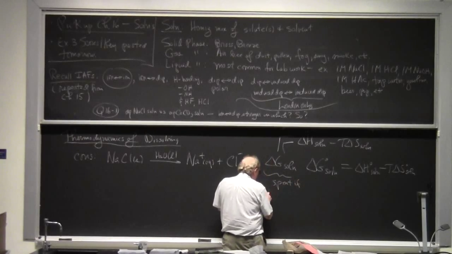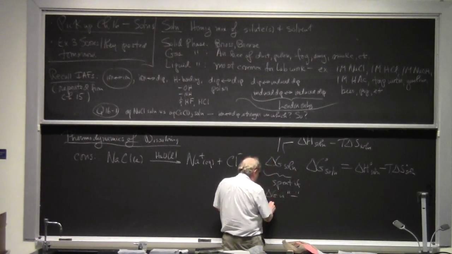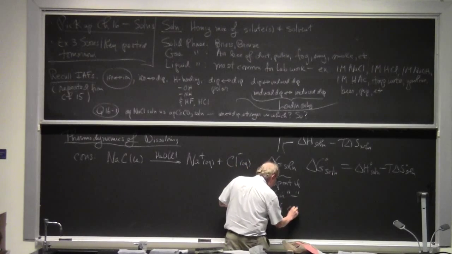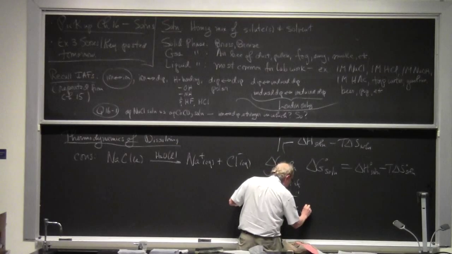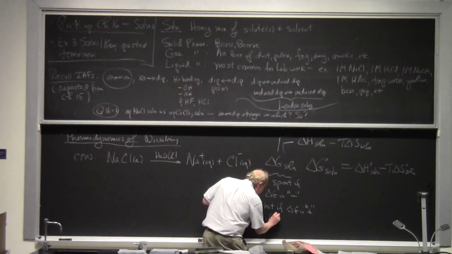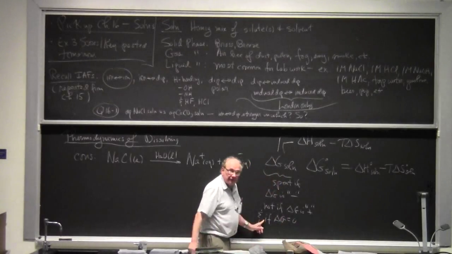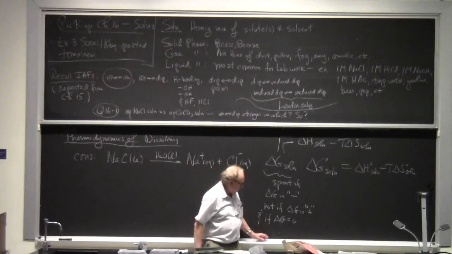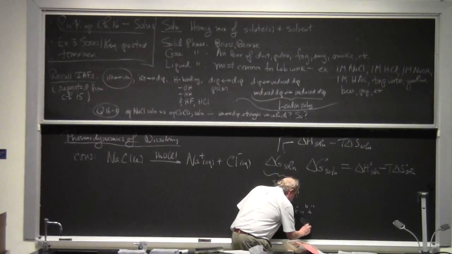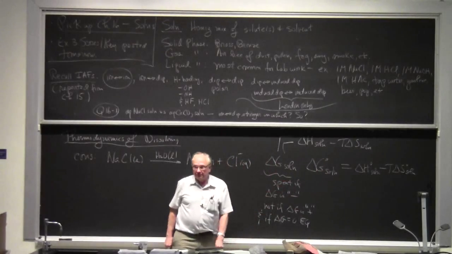If delta G is minus, and not if delta G is plus. And if delta G equals 0, what condition exists? Do you remember? Okay. And we can write the same for delta G0.